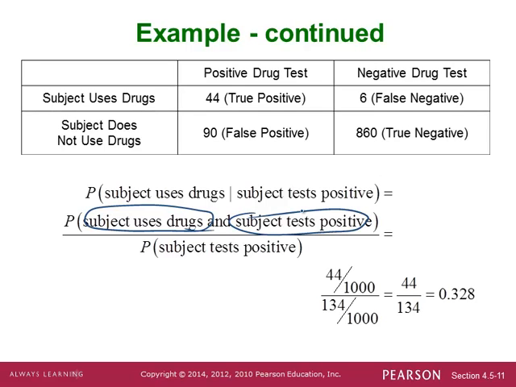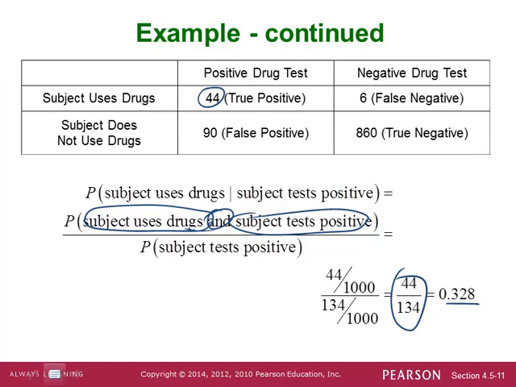The word "and" means intersection, so there are 44 individuals at the intersection of those two events. There were 134 people who tested positive, so that probability is 134 over 1,000. If you multiply the numerator and denominator of this fraction by 1,000, you still have 44 over 134, which when you do the division gives 0.328, that we got on the previous slide.